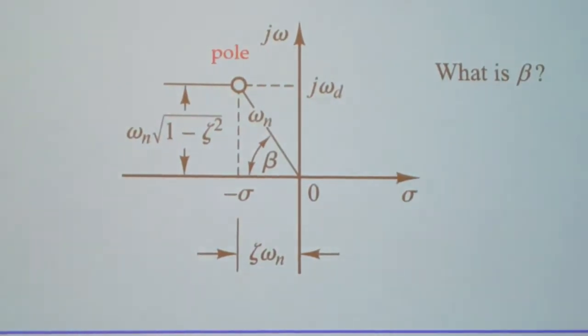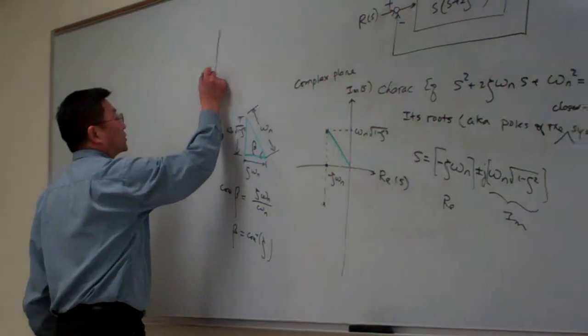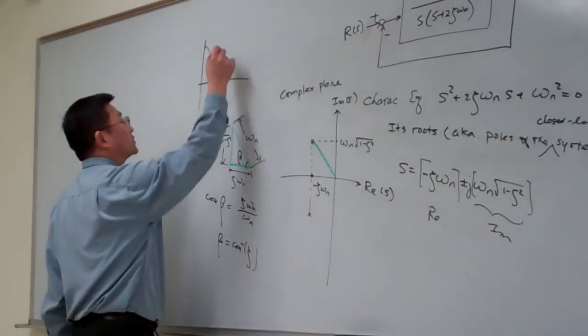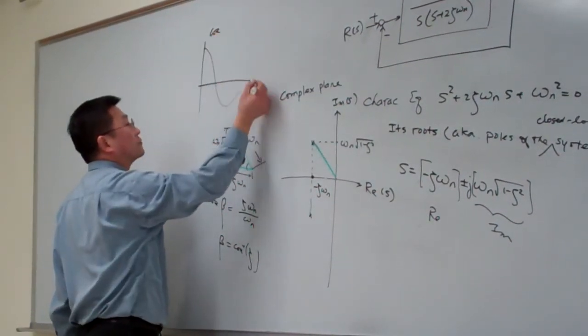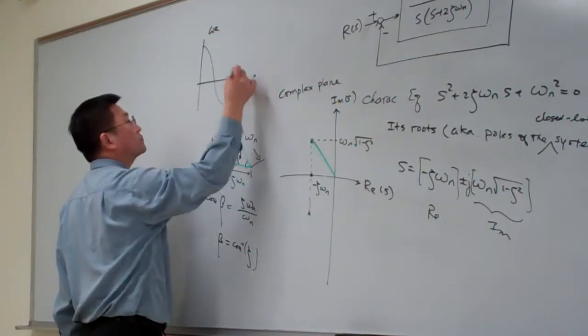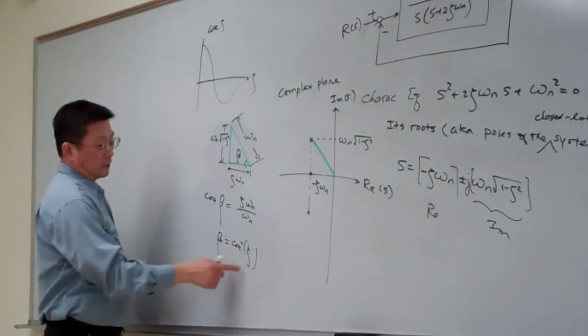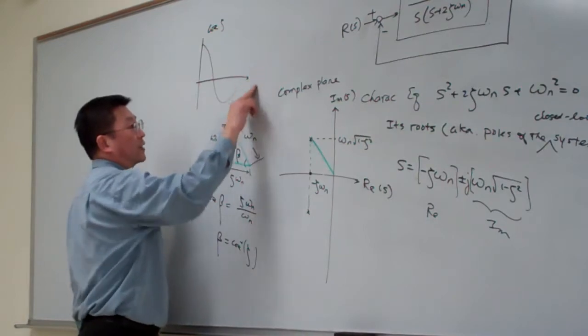The smaller the zeta, we can calculate what cosine is. What is cosine? Cosine is something like this. Okay, so sorry, cosine beta here.